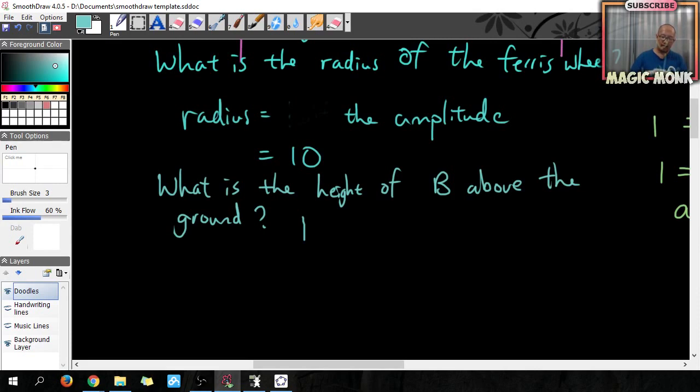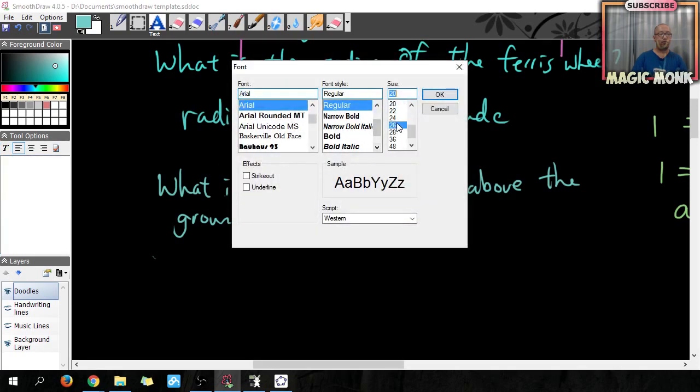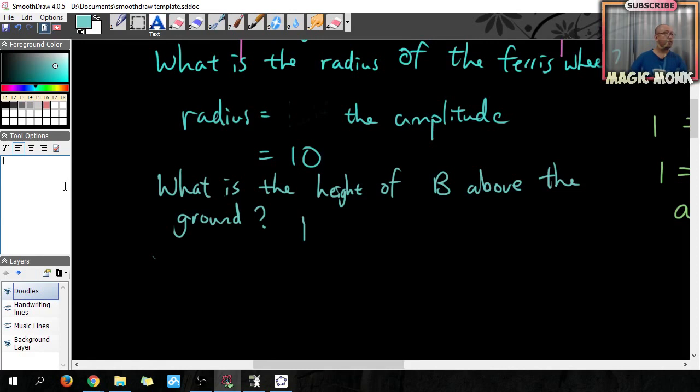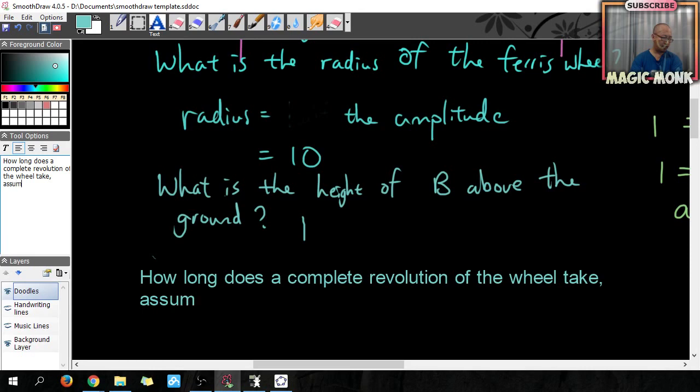Okay, question C. How long does a complete revolution of the wheel take, assuming it does not stop?